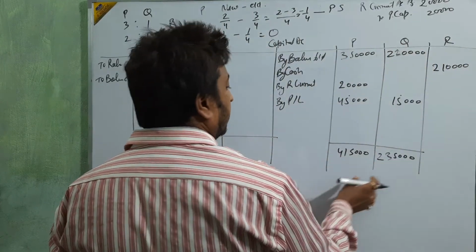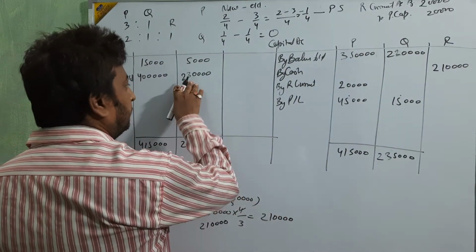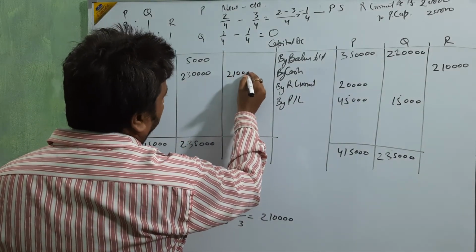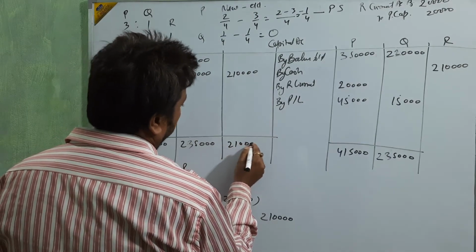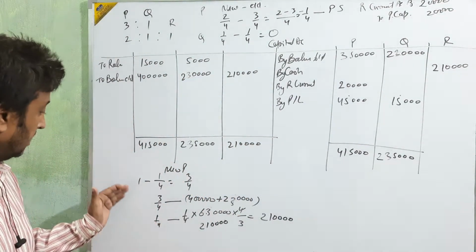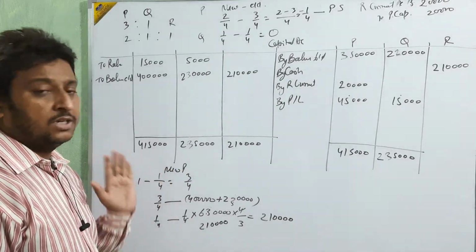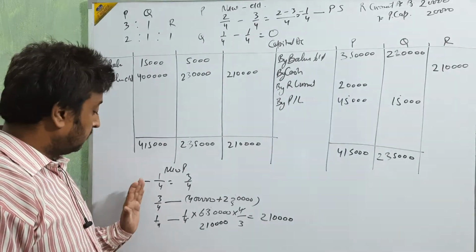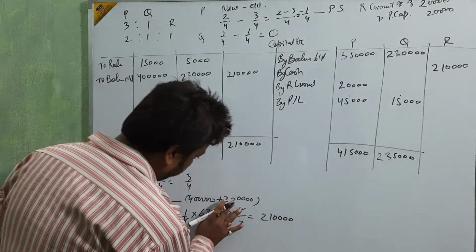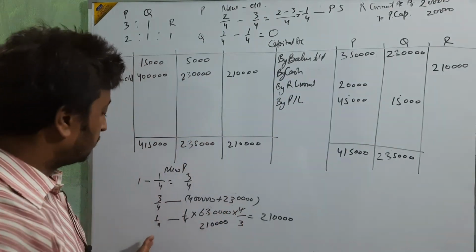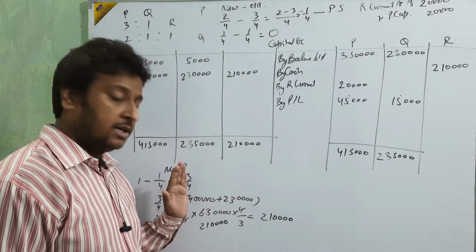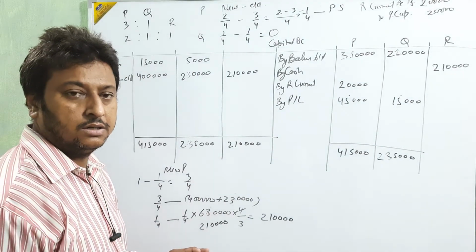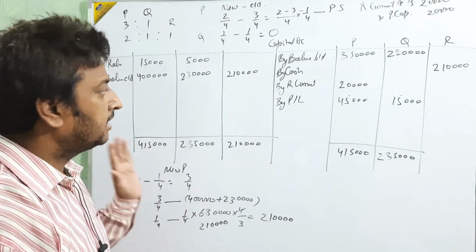Clear? Taking the balancing amounts 2,35,000, 2,30,000 and 4 lakh. Here again 2,10,000. Okay, clear? First 1 minus the new partner's ratio, then the remaining ratio is 3:4. For 3:4 the total amount is this. For 1:4, 1:4 into 6,30,000 into 4/3 gives 2,10,000.